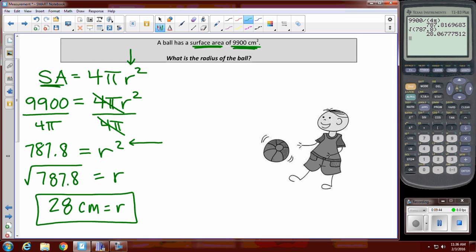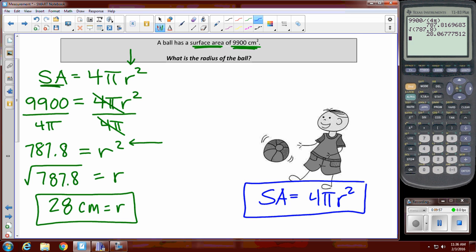So when we're doing these questions with the surface area of a sphere, the formula itself, surface area equals 4 pi r squared, is an easy formula to work with if you're using a calculator. However, you have to take the time to read the question and ask, is this question actually giving me my radius right off the bat?